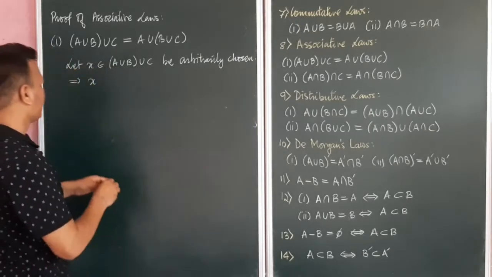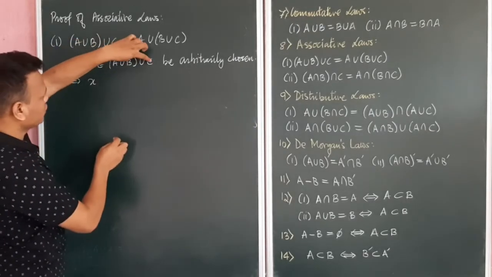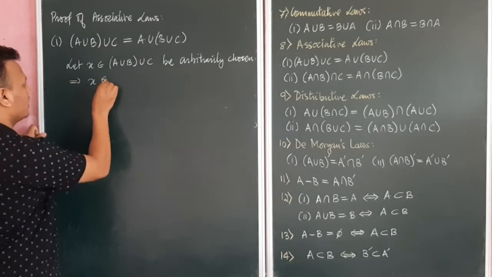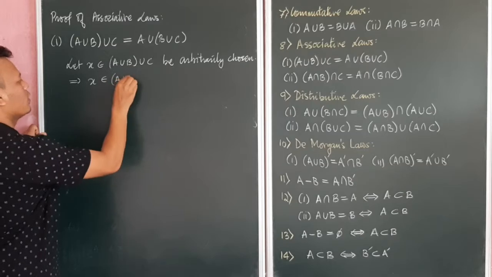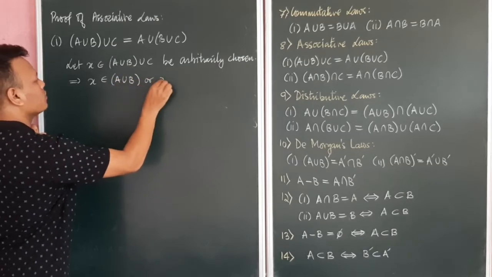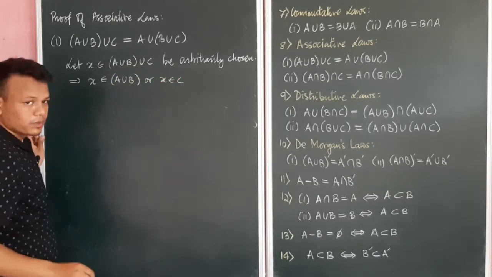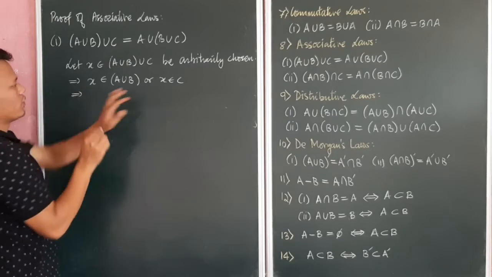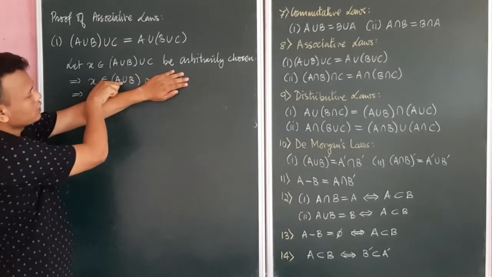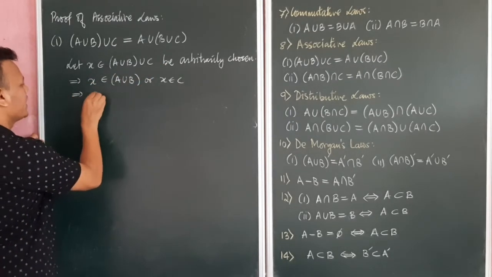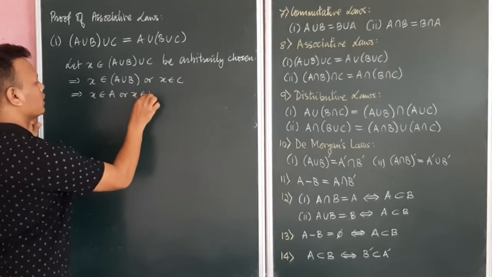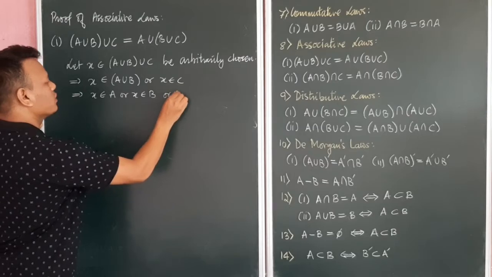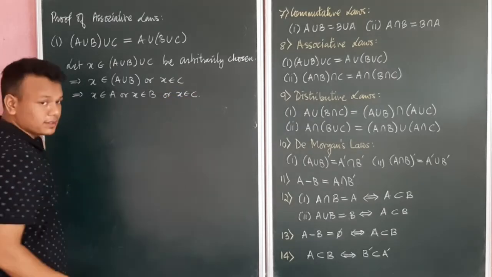So we have x belongs to this union C, means x belongs to this A union B, or x belongs to C. Alright, so forget about this. Now this is also similar condition, right? So this means that x belongs to A or x belongs to B. Now we have or x belongs to C as well. Yes.